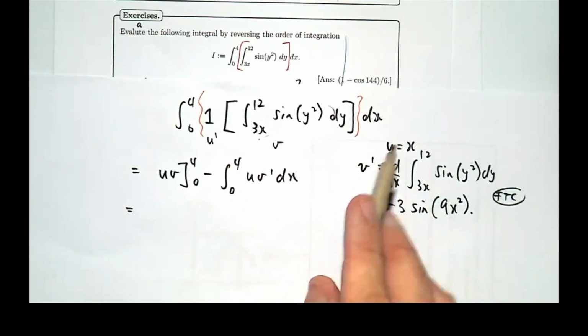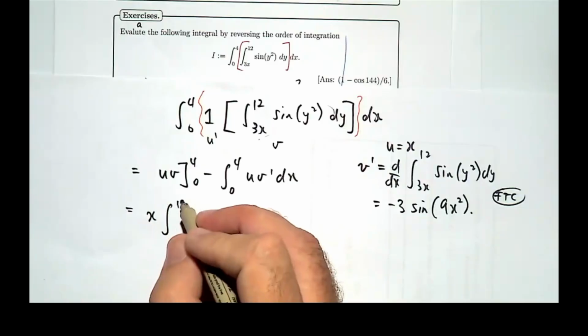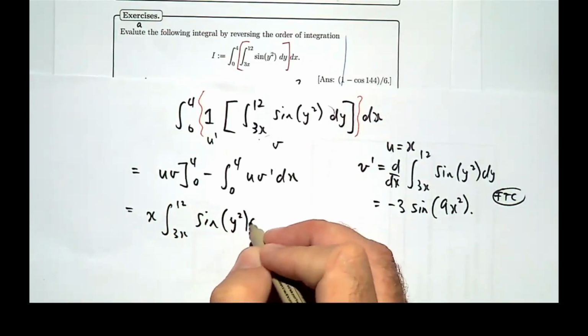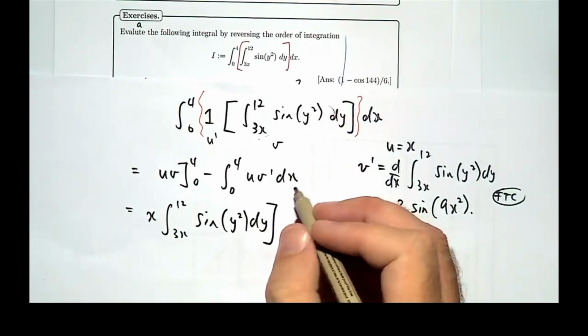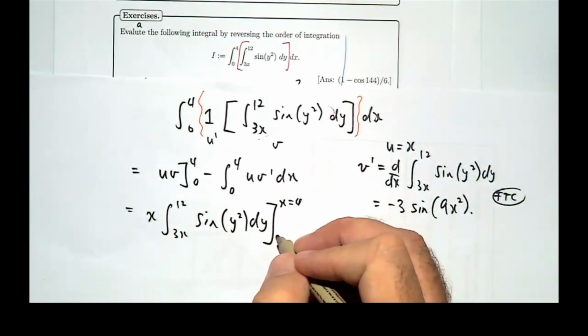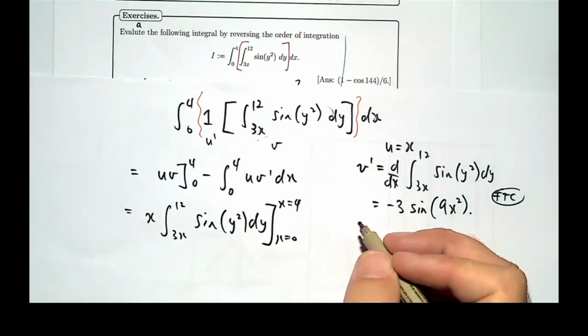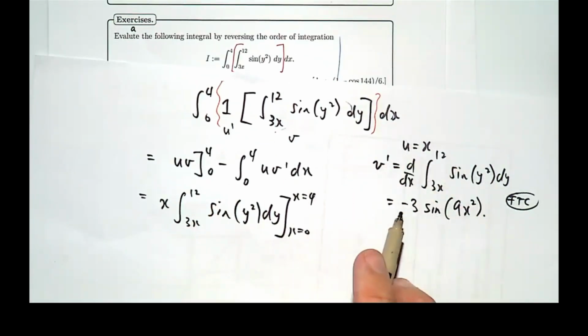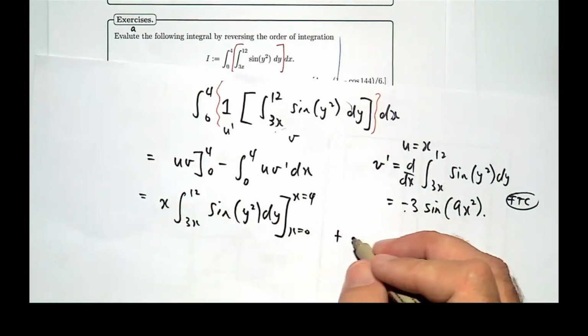So u times v, minus the integral of the product that we just found. Okay, so you've got a minus and a minus, it'll become a plus.